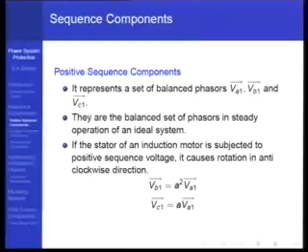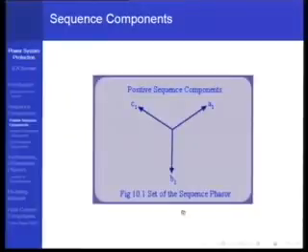To describe this, we use an operator a, which is e to the power j 2 pi by 3. Therefore the B phase lags by 120 degrees, so it is a inverse, which is a square, so it leads by 240 degrees, and the C phase leads by 120 degrees. These are the positive sequence quantities. This is the anti-clockwise direction in which you rotate the circle, right? That's the way it is.